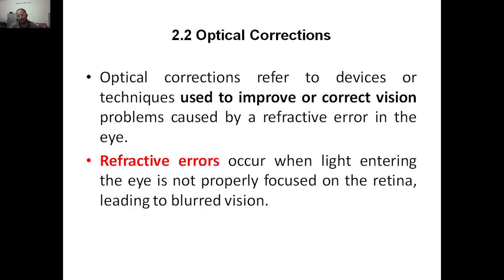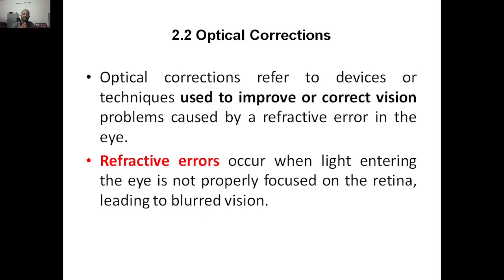Usually, when a person starts seeing blurred images, that is because of the refractive problem, so you need techniques or devices to check your eye. You usually go for an eye checkup, and they put different lenses and ask you to read out some alphabets or look at some images, to see whether you are reading the image properly or not.